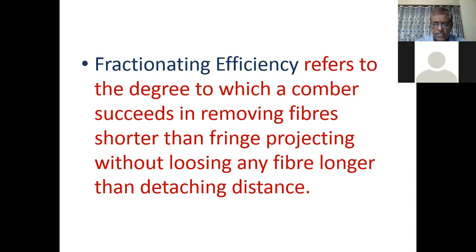It means we are interested that short fibers should be removed and long fibers should not be removed. If the comber is successful in following these rules, then only it is good.